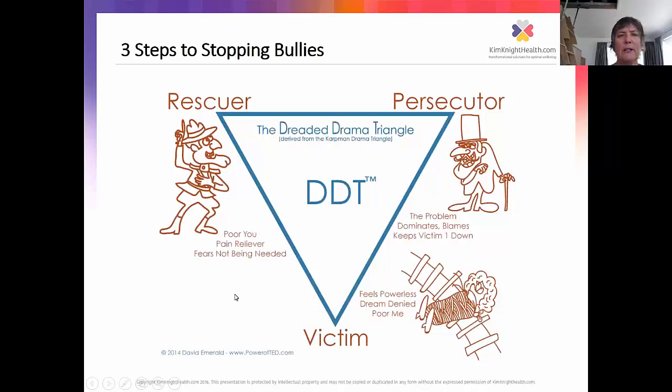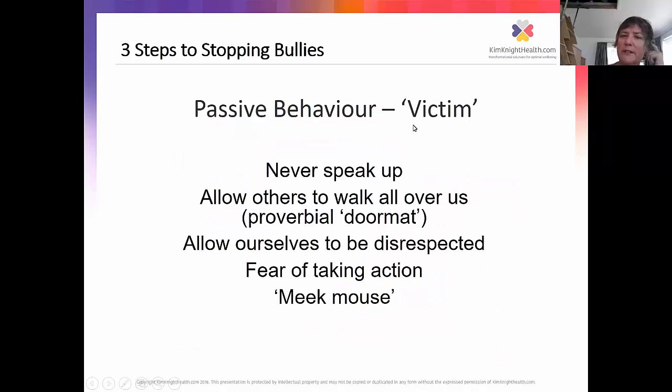But if we look a little deeper, we find that the passive behavior, which normally comes from the victim, so-called, examples could be, I never speak up, I allow others to walk all over me, I allow myself to be disrespected, I'm afraid of taking action, and I'm the meek mouse.